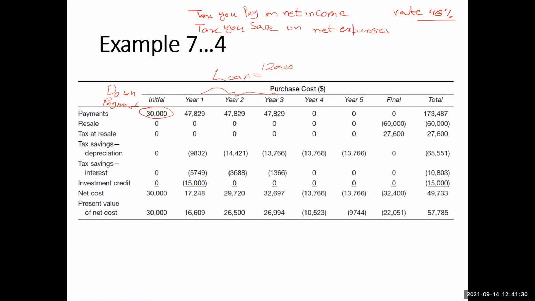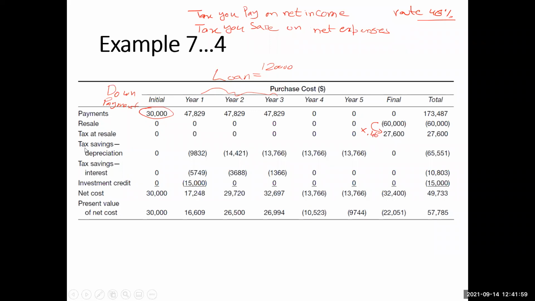You get this by multiplying the $60,000 by 0.46.